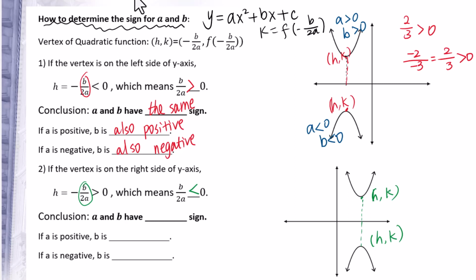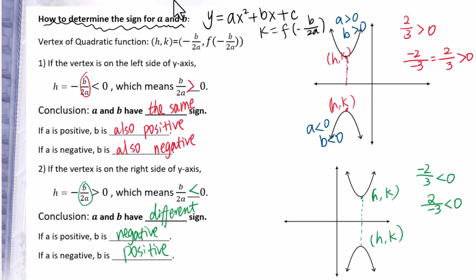Since this is a fraction, we do know negative 2 over 3 less than 0, or 2 over negative 3 also less than 0, which means the numerator and the denominator have different signs. If a is positive, then b is negative. If a is negative, b is positive.